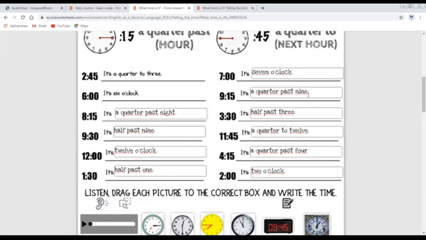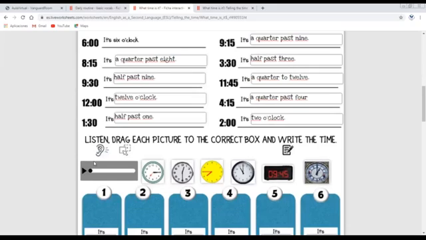It's a quarter past 9. It's half past 3. It's a quarter to 12. It's a quarter past 4. It's 2 o'clock.